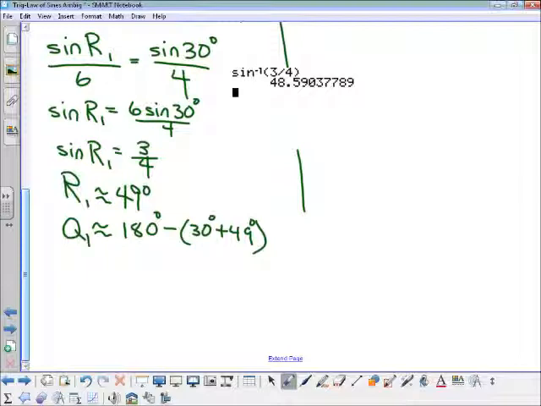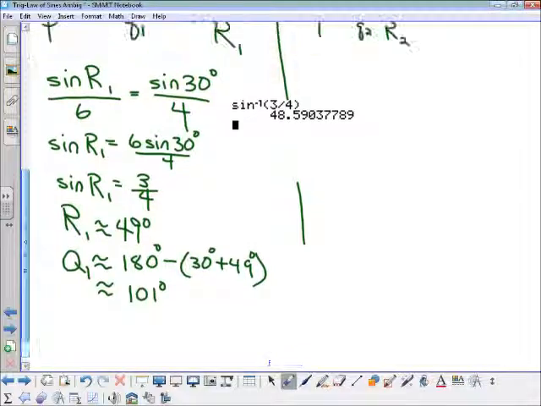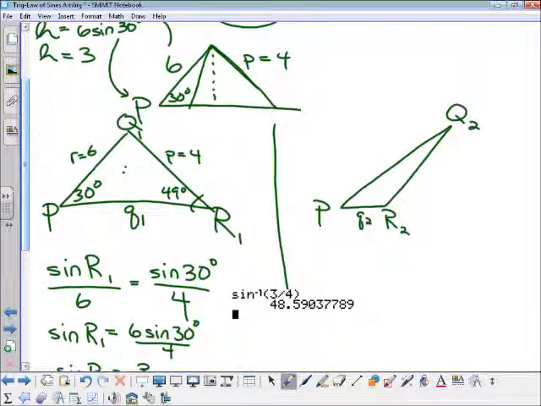And again, it's Q1, so this would equal about 180 minus 79 is 101. Notice, again, that's where I said this does not have to be an acute angle. I know I was referring to it as an acute angle, but it kind of looked like one. It could be obtuse. So this one is 101.